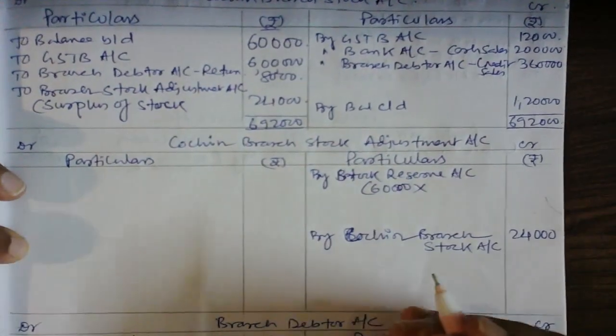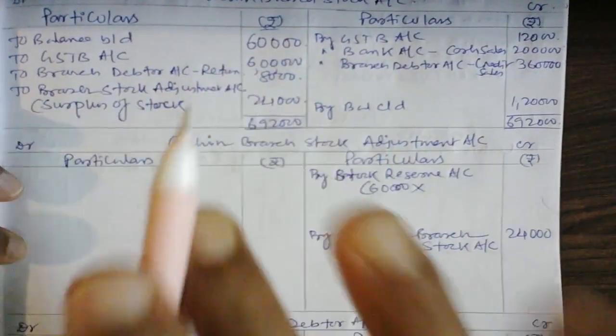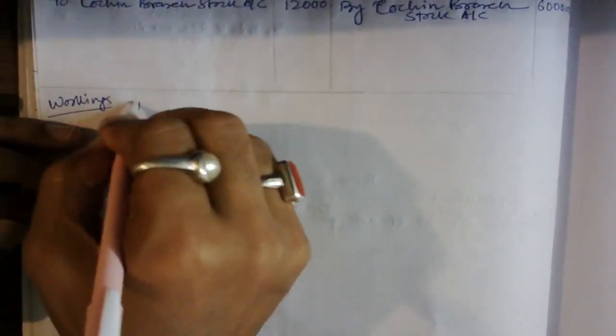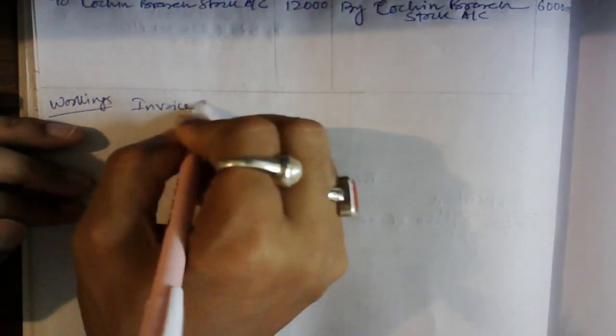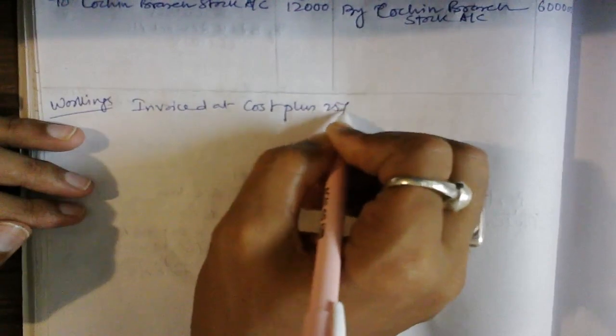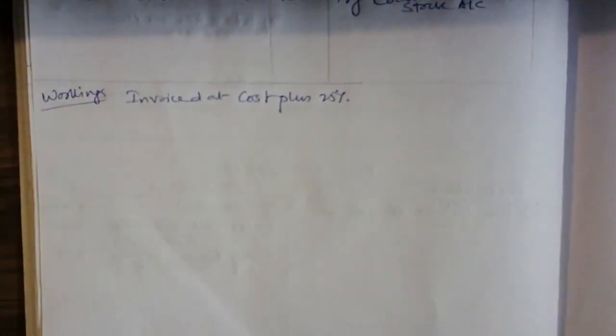So what we are going to do, see, 60,000 is the invoice price, and we have invoice price how much? 125. Can you just make a working note here so it will be clear to you? Invoiced at cost plus 25%.